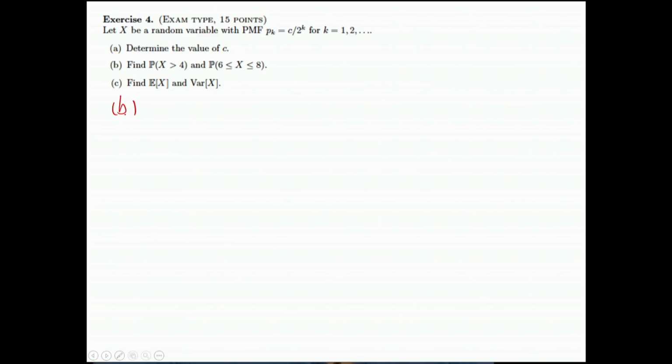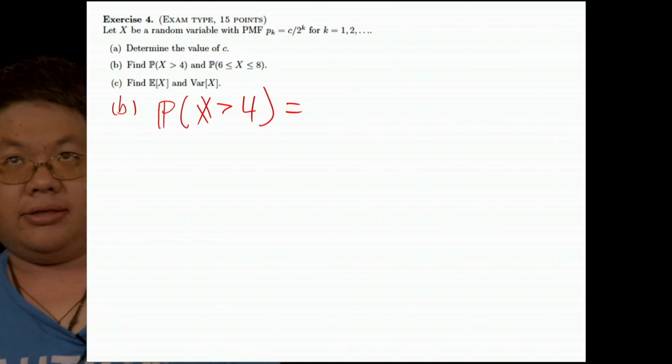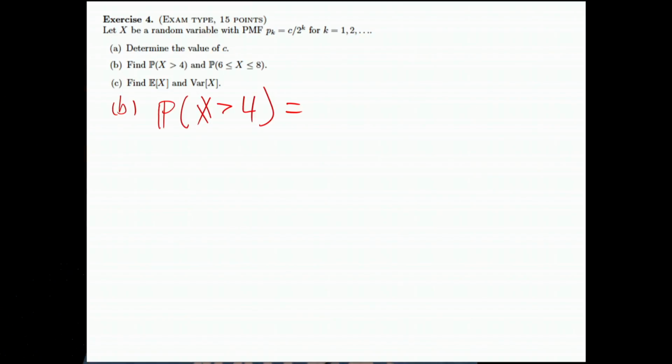Part B, find the probability of X greater than 4. Probability of X greater than 4 is the probability X equals 5, 6, 7, 8, to infinity.